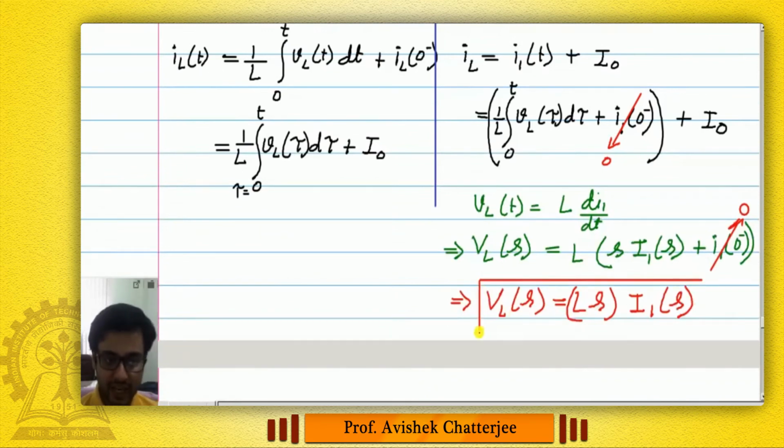So while focusing only across this inductor, since this is initially uncharged, we have a nice relation between the voltage and current across it. The Laplace transform of voltage and current are proportional to each other, as if you can think this voltage in the s domain is equal to the current in the s domain multiplied by an impedance, like in Ohm's law, and the impedance is Ls.